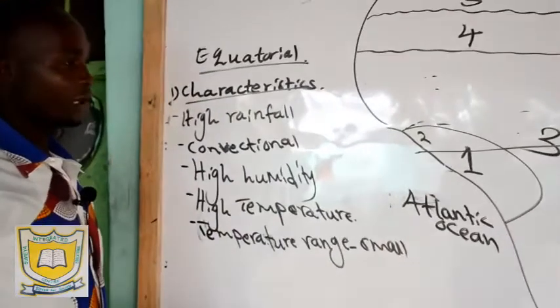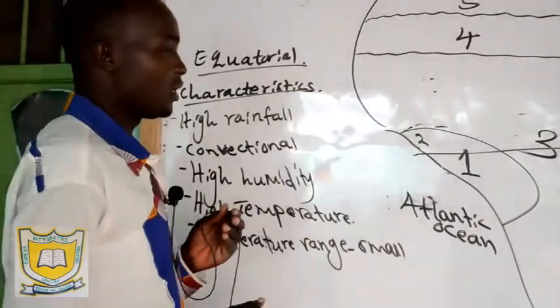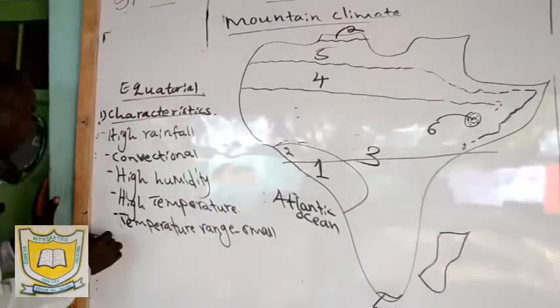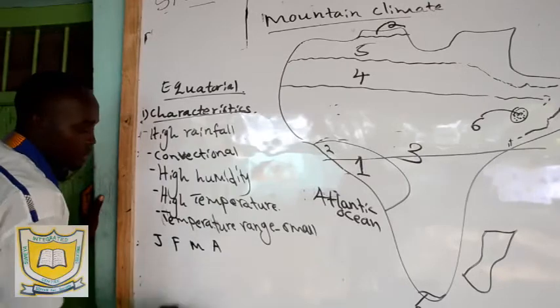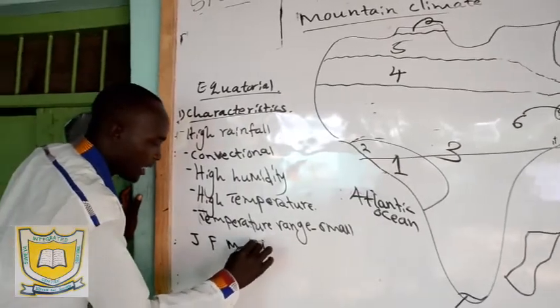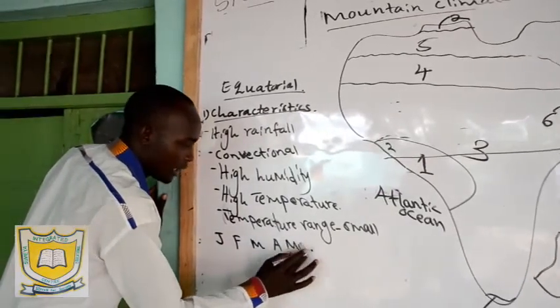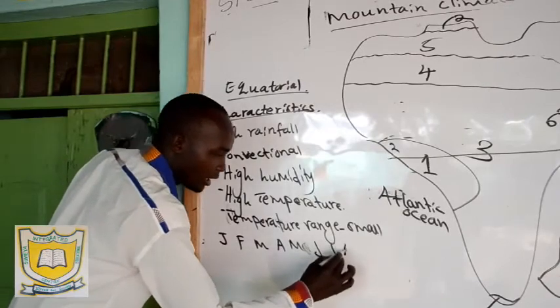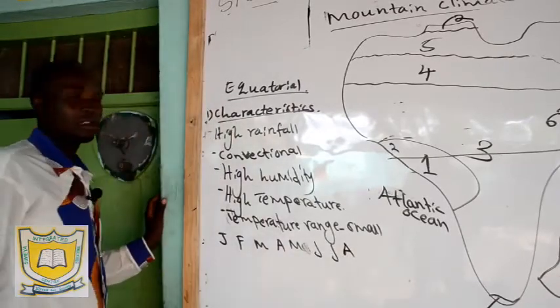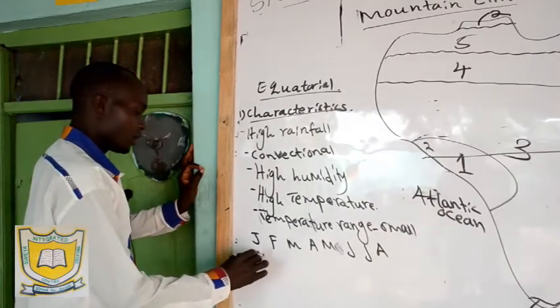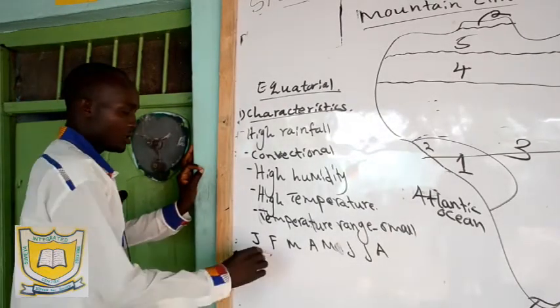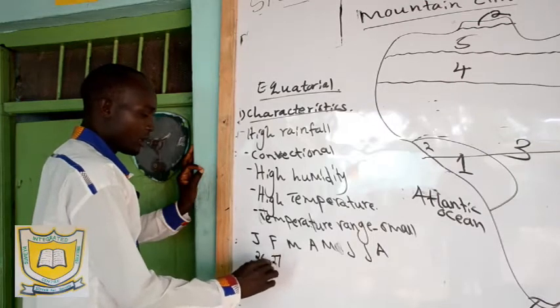So, for example, let us say we have the months of January, February, March, April, May, June, July, August, like that. We are assuming here we had 26 degrees Celsius. Here we have 27.